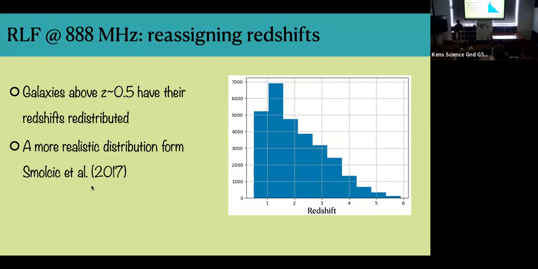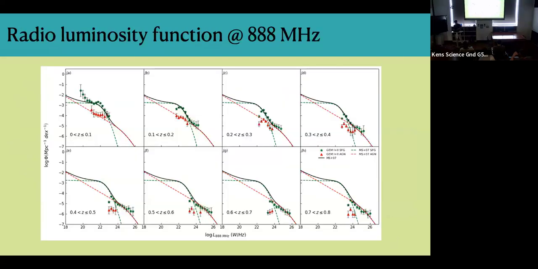This study was done by Vanessa Smolčić in 2017. They have a much more astrophysically valid redshift distribution for AGN up until 5.9. Long story short, I do all the procedure that I did earlier, assuming this as the standard distribution, and then calculate the luminosity functions again.